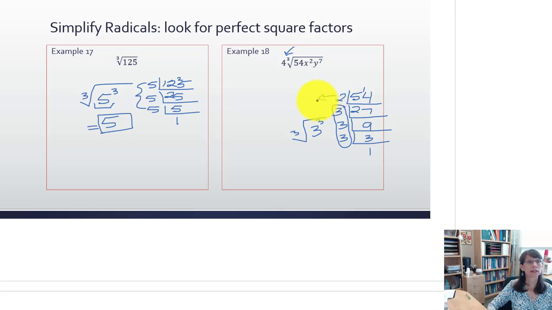And my other factor under the cube root is 2. 3 is written as a perfect cube, so that will clear the cube root as 3. So I know that 54 is now going to be rewritten as 3 multiplied by the cube root of 2.